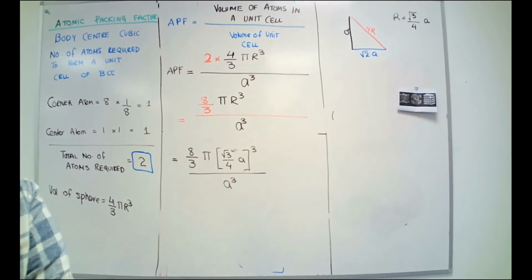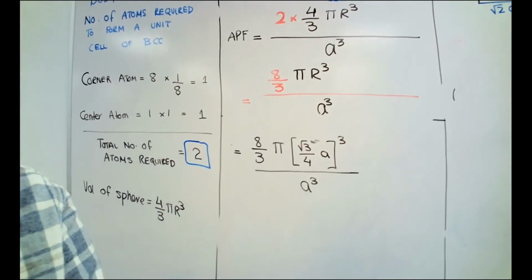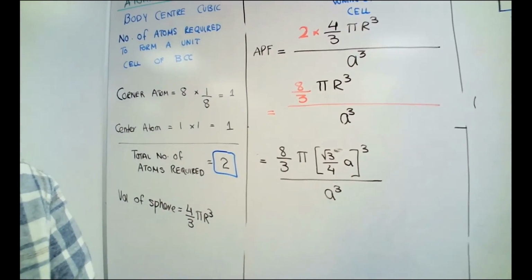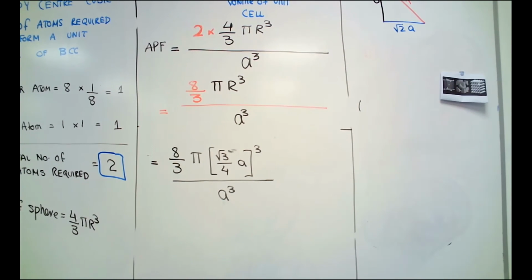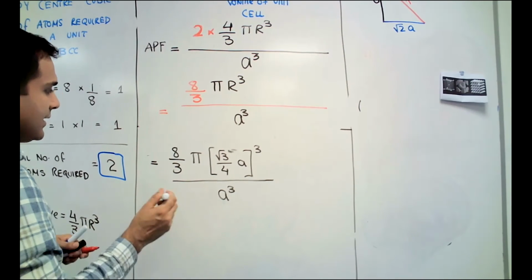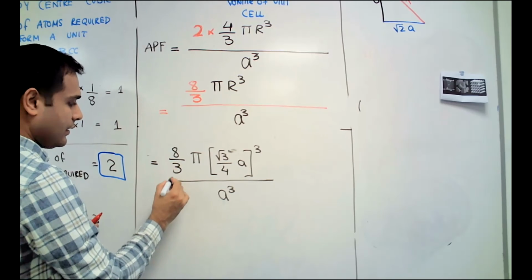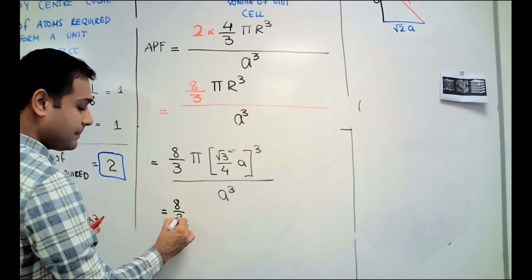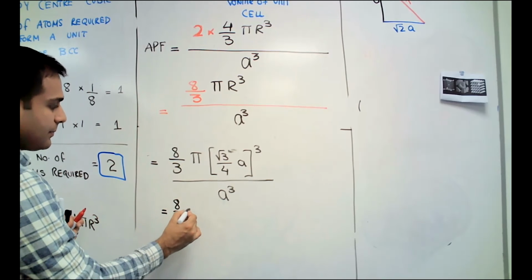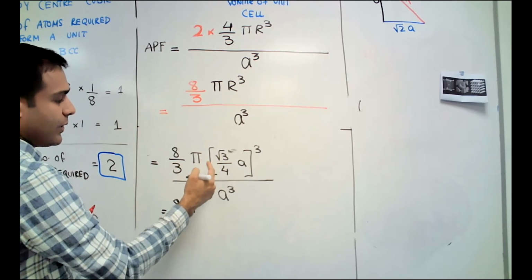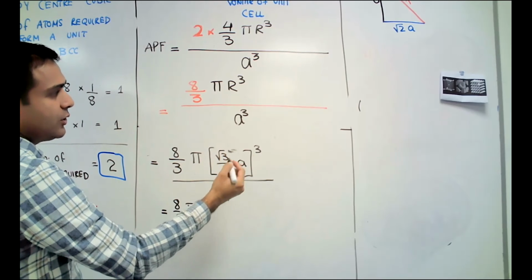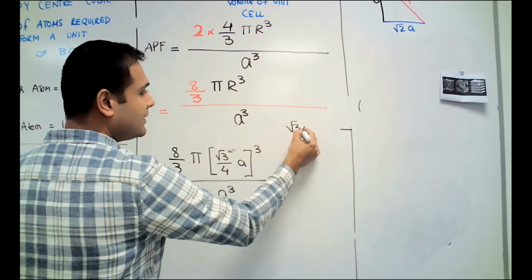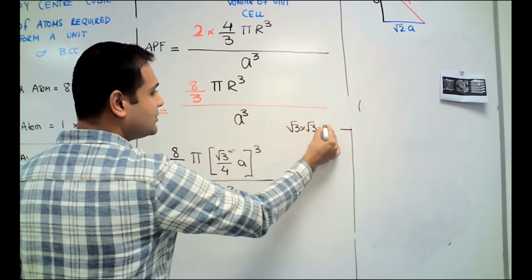Now, when I got this bit, I need to simplify that one. 8/3 as it is. Pi is as it is. When I cube that one, √3 cubed is √3 times √3 times √3.